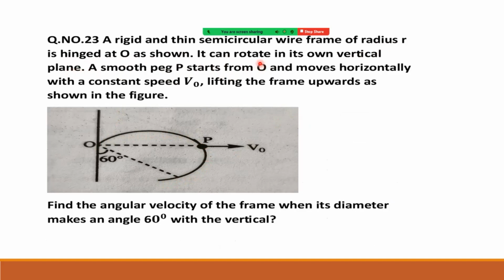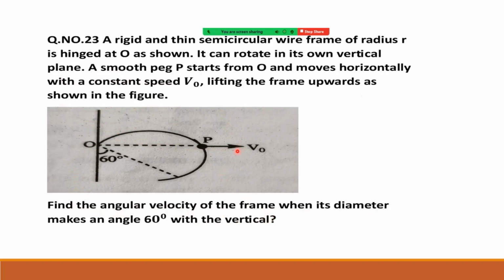The condition is it can rotate in its own vertical plane. A smooth peg P starts from O, moves horizontally with a constant speed V0, lifting the frame upwards as shown in the figure. Find the angular velocity of the frame when its diameter makes an angle 60 with the vertical.